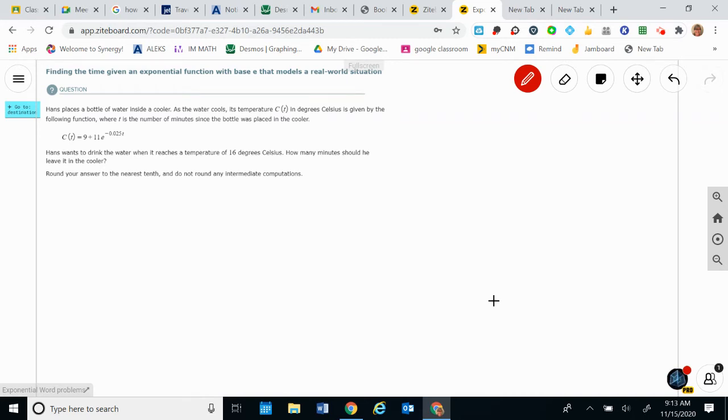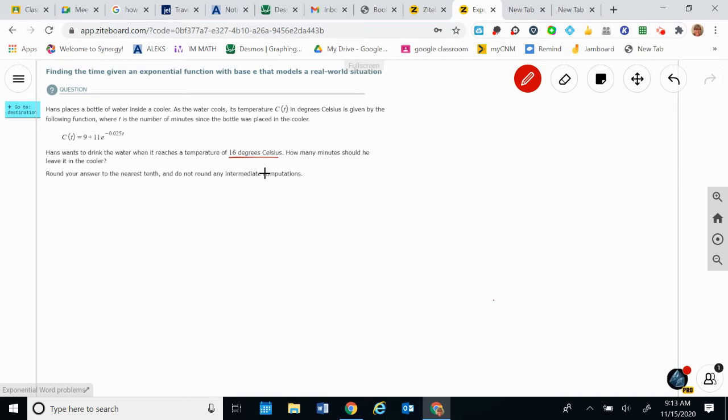As the water cools, its temperature, C of t, in Celsius, is given by the following function, where t is the number of minutes since the bottle was placed in the cooler. So Celsius is given by time. Your temperature is dependent on time. I love function notation. Hans wants to drink the water when it reaches a temperature of 16 degrees. How many minutes should he leave it in the cooler?